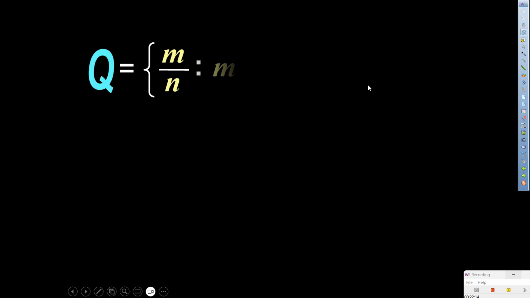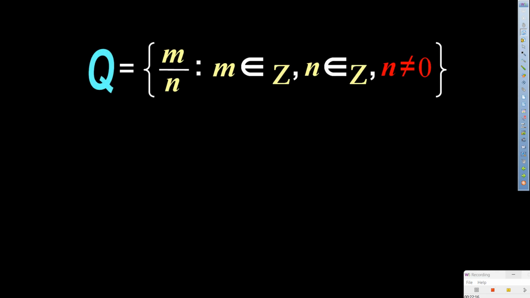So, talking about rational expressions, where do we get that from, Q? The Q stands for Quintanilla.